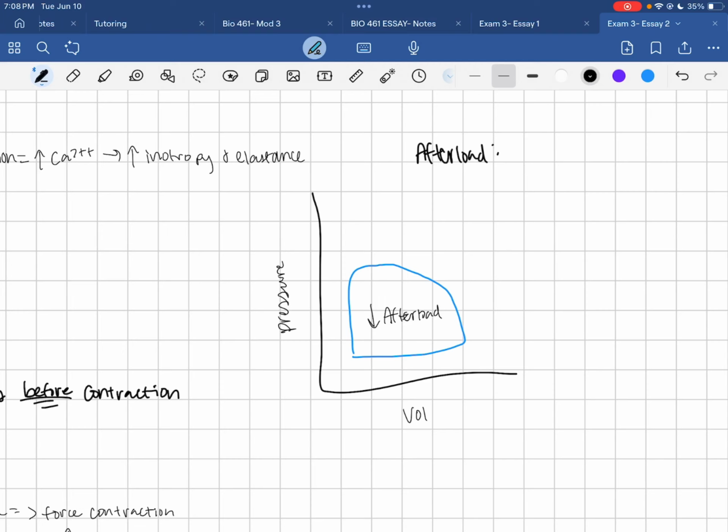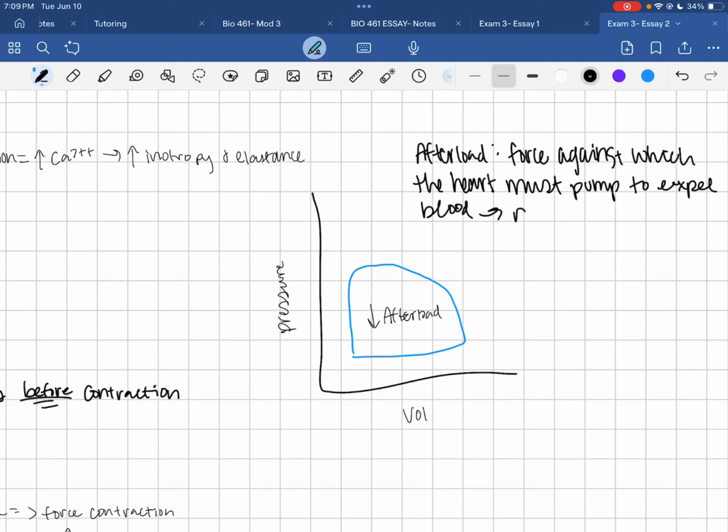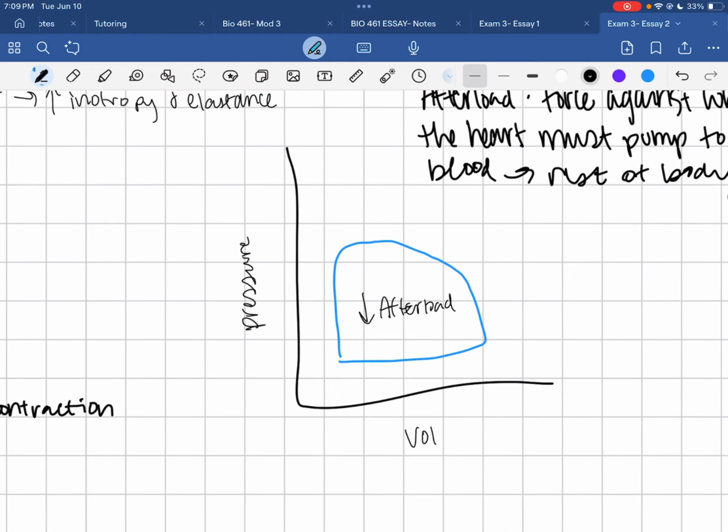So afterload, we can think of this as the force against which the heart must pump in order to expel blood into the vasculature, and to the rest of the body, to the lungs, anything like that. So force against the rest of the body.